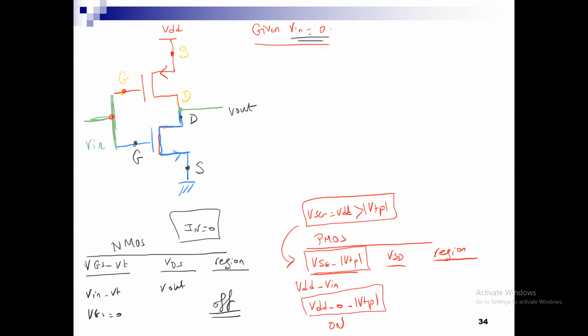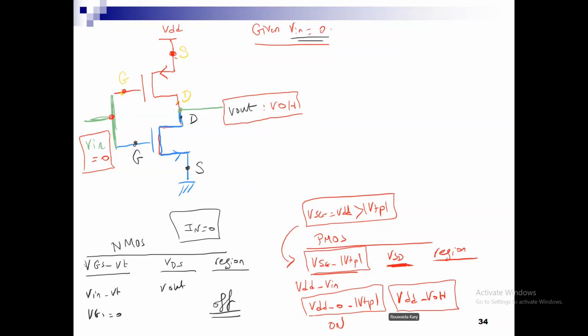When the input is 0, I am solving for VOH. So what is VSD? VSD is VDD minus V out, which is VOH. Now, those two quantities: on one side, I have VDD minus VTP.